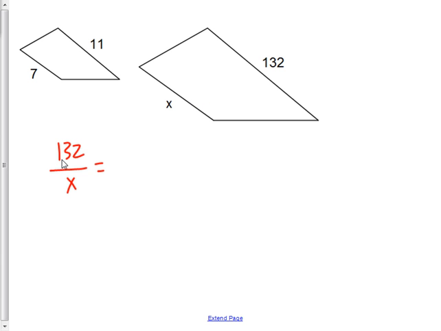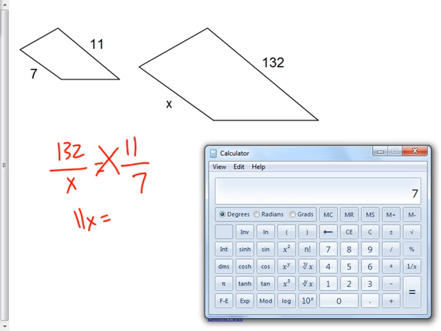Now, what goes with 132? Would that be the 7 or the 11? Well, the 11 matches with the 132, so I'm going to put 11 on top, and I'm going to put the 7 on the bottom. Now, once you get the proportions set up, you just cross multiply. So I get 11x is equal to, and 132 times 7 is 924.